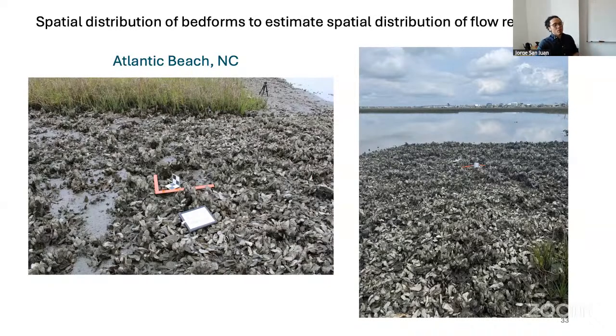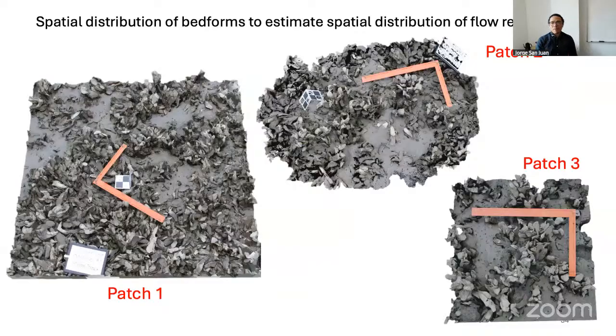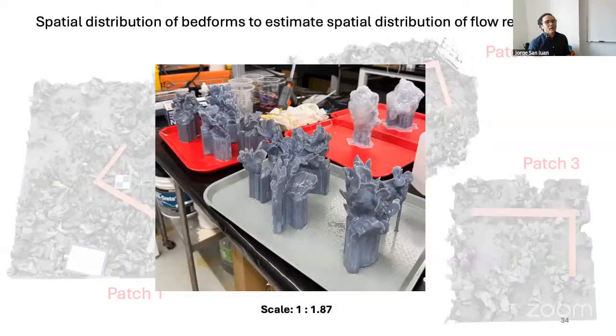We wanted to bring more of the natural distribution in order for us to have a more realistic parameterization of these habitats in ecomorphodynamic models. So we went and we took pictures to recreate DEMs of this through structure from motion, and we recreated these patches of oysters. We identified some of the clusters that were then 3D printed.